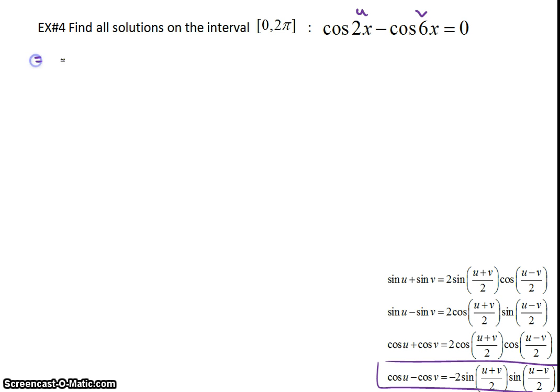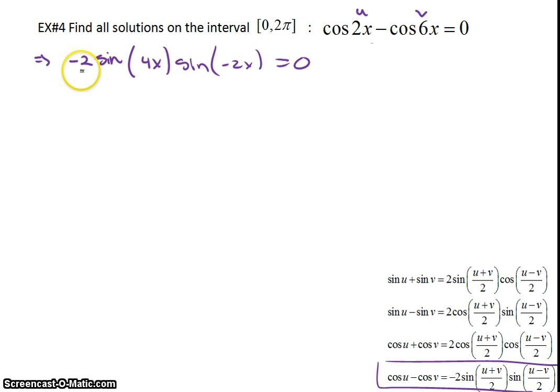So this equals negative 2 sine. So I'm going to add the two angles and divide by 2. So 2x plus 6x is 8x divided by 2 is 4x times the sine of, now I'm going to subtract, 2x minus 6x is minus 4x divided by 2 is minus 2x equals 0.